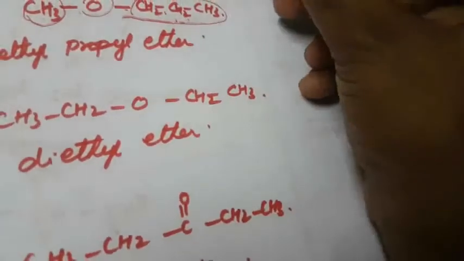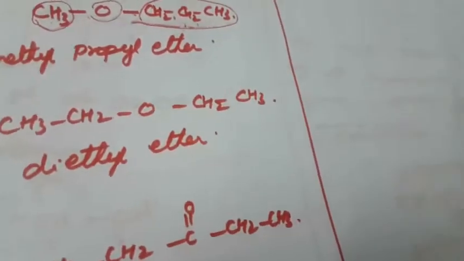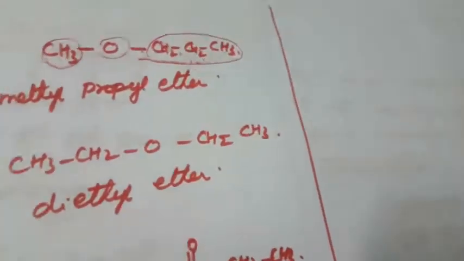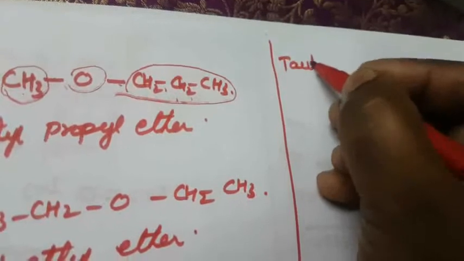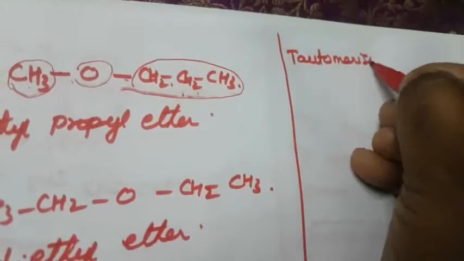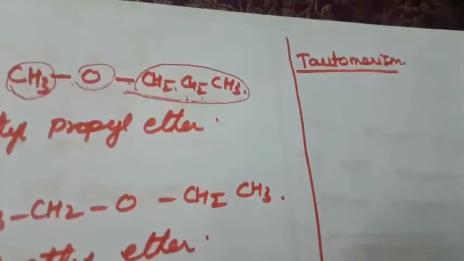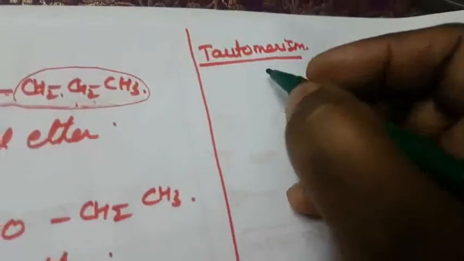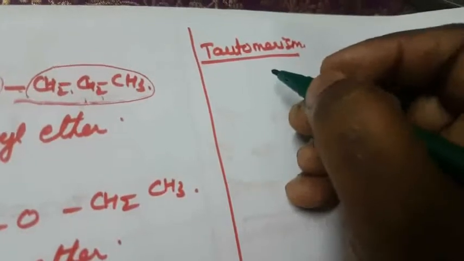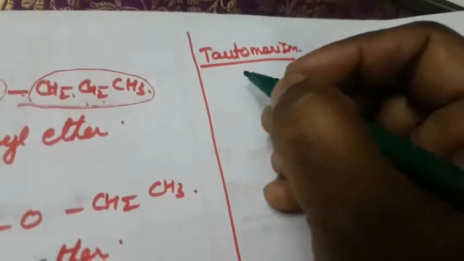Next one: what is meant by tautomerism? Here, a single compound exists in two readily interconvertible structures that differ markedly in the position of at least one atom or nucleus.